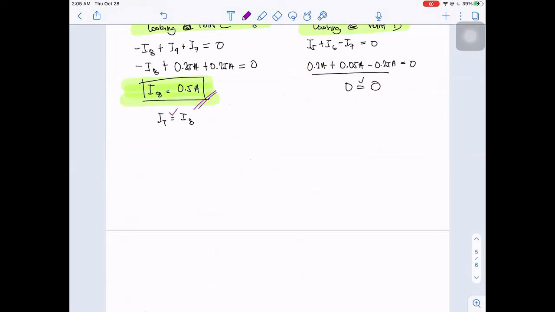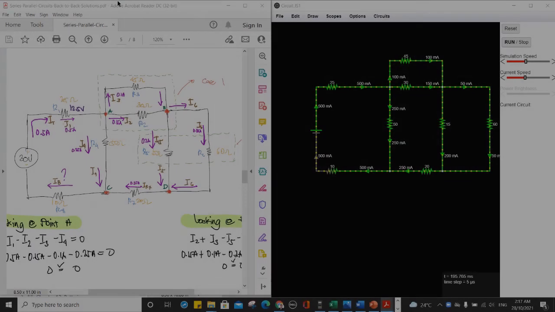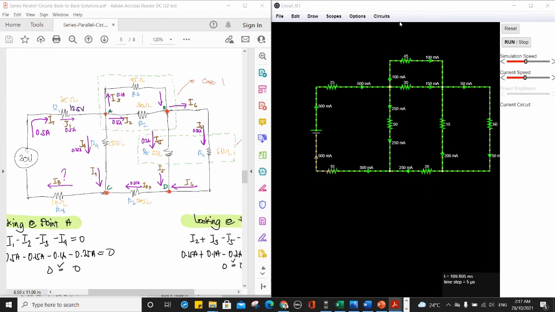So this is checked. Okay, so this is a continuation on the problem that I presented earlier. So we have these given circuits on series parallel combination. We solve the circuits using KVL and KCL.